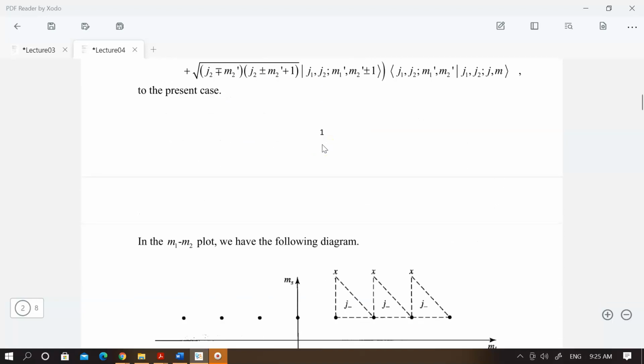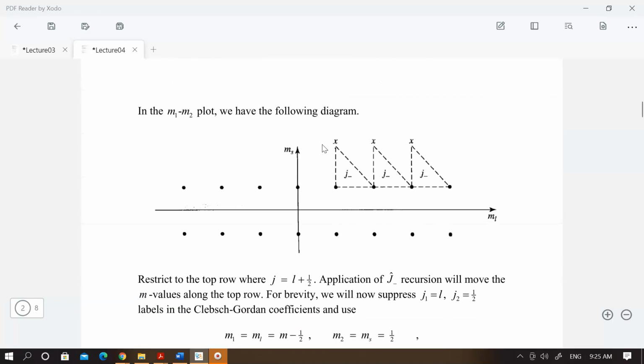So if we try to do this on m1, m2 with the conditions above, you can see that m2 is now ms, your spin state, and for ms there are only two different values. So in other words, I can have this row of plus a half state and another row of minus a half state.